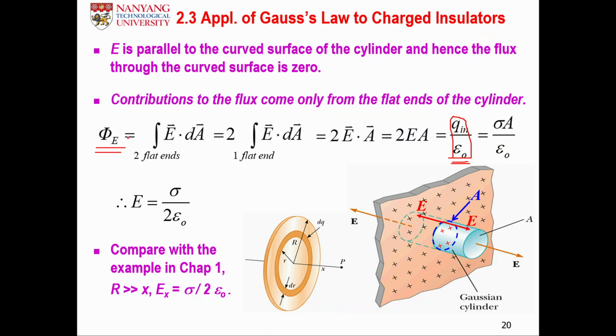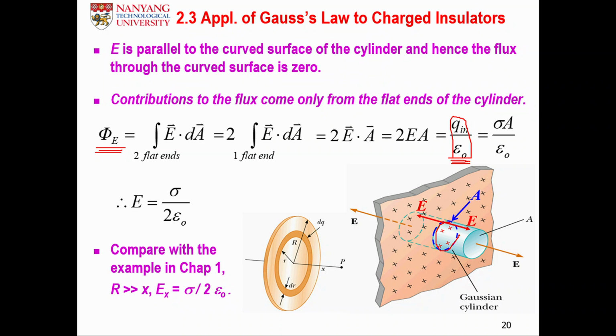Of course, here everything is right in this way, but when you are not familiar enough, you can just write down steps 1, 2, 3. Step 1 is just this phi E equals this. And then step 2, for this Q in, the total charge inside this Gaussian cylinder is only contributed by this area.